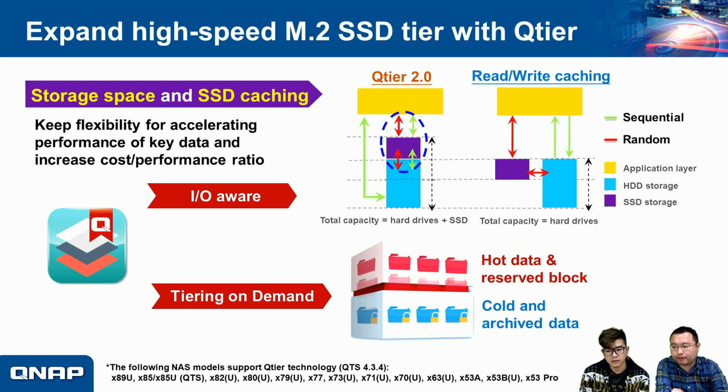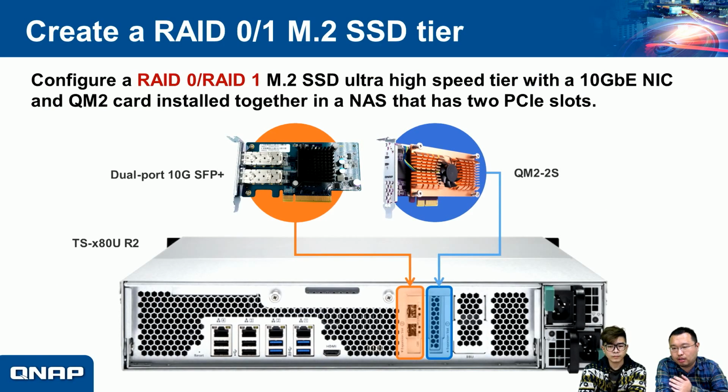Let's take a look at an example with the QM2 cards. Here you have a TS-80U series, the R2 version. From the back, you see on the left-hand side there's one PCI slot that already has a pre-installed dual port 10 gigabit network card, so you are left with a spare PCI slot.